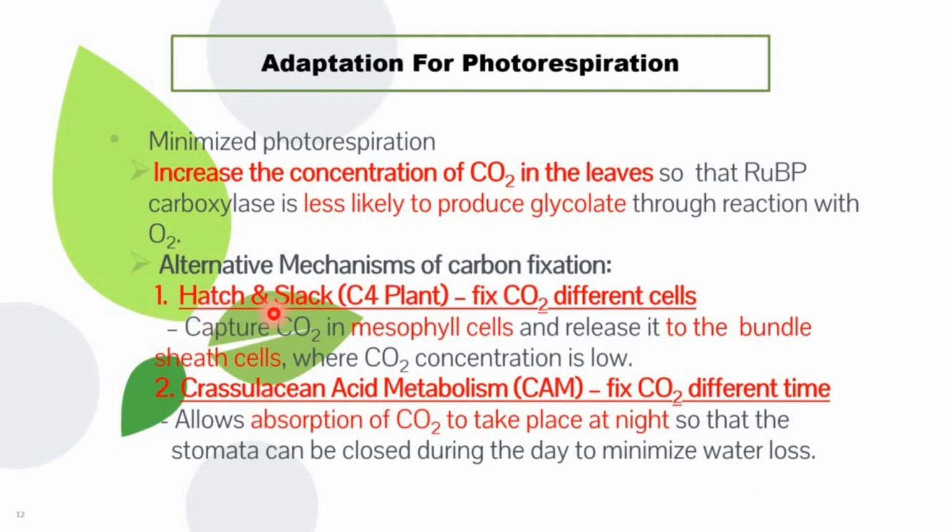Through the Hatch-Slack pathway in C4 plants, carbon dioxide is fixed in different cells, such as mesophyll cells and bundle sheath cells. Crassulacean acid metabolism fixes carbon dioxide at different times.